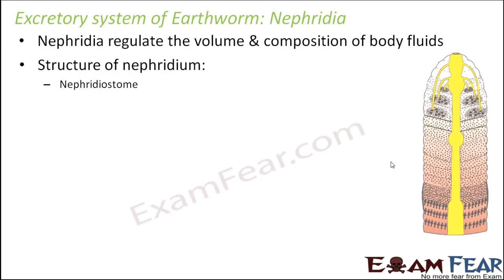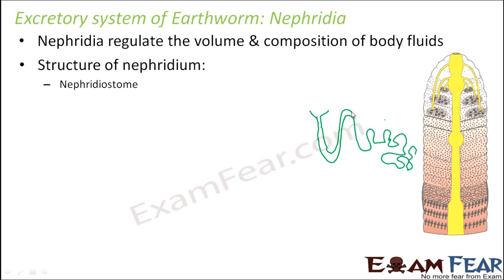and then the funnel connects to a tube where the nephridium has a thin loop which reabsorbs some solutes and relinquishes them into blood. So basically it will start as a funnel, and then this funnel continues as a tube, and then it becomes a very coiled tube.